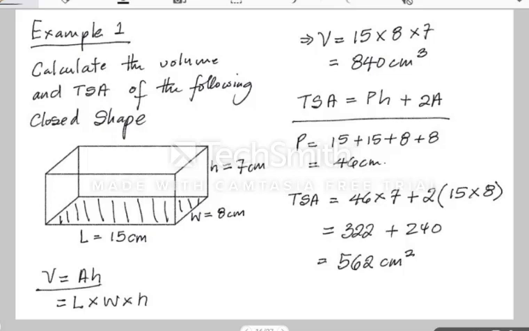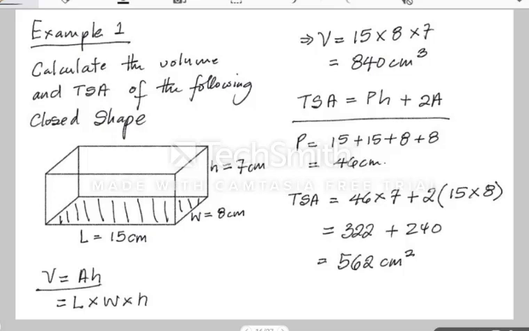Rectangle at the bottom, rectangle if you cut it in the middle, rectangle at the top. In the case of the cylinder, it's a circle at the bottom, the same circle at the top. If you cut it in the middle, it will be the what? The same circle. And the volume, V is equal to A times H. The total surface area, TSA is equal to PH plus 2A.